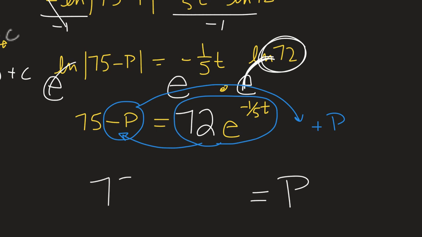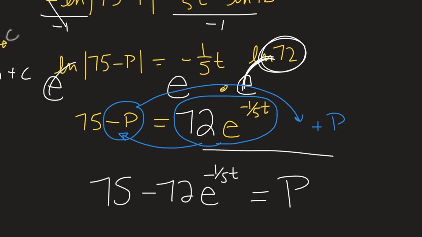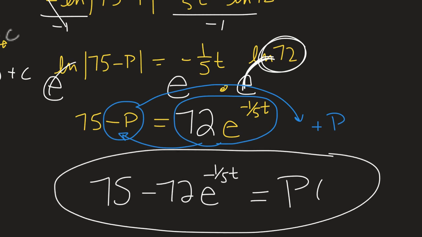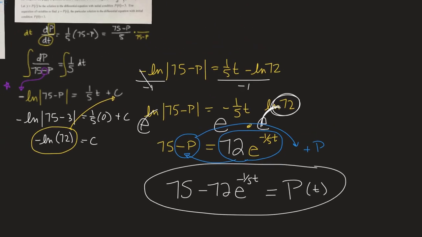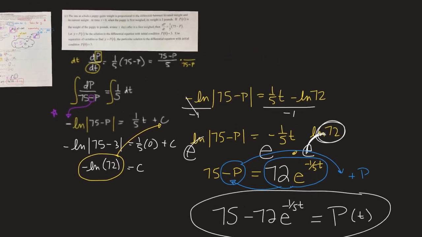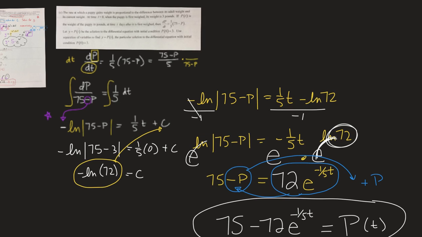And I have a 75 minus 72E to the -1/5 T. Okay, and this is, of course, P of T as our answer. Okay, this is how calculus is going to ask you to do these differential equations, is most often they give you a story problem where the rate is proportional to something else. And that always gives us this exponential answer. Fantastic.